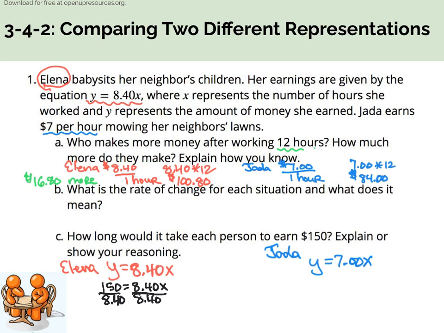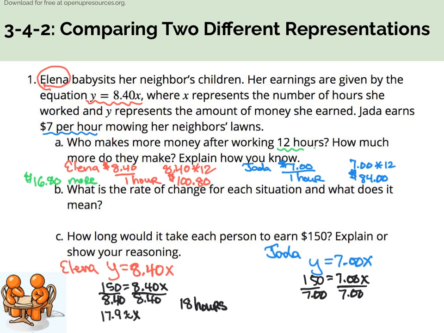And we have about 17.9. And usually when you are working, you do it by how many hours. So we're going to say Elena actually does 18 hours. And then let's do the same thing for Jada. We're going to do 150 equals 7x, and we're going to divide by 7.